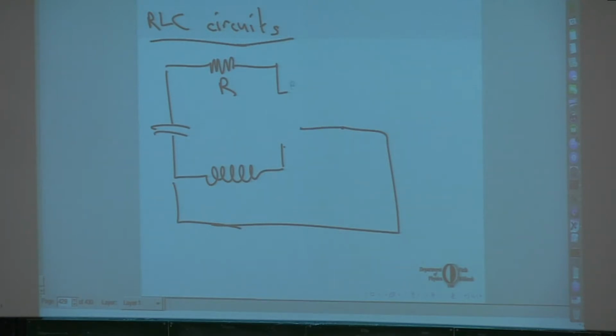This is the initial circuit. We start with the switch at this position. And here there is some, let's say, capacitor, some power supply.